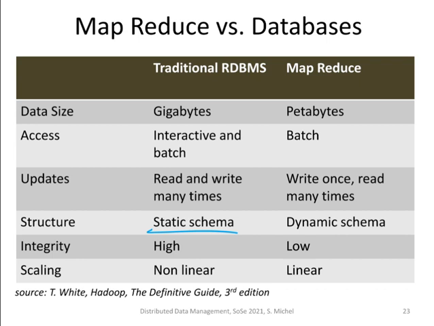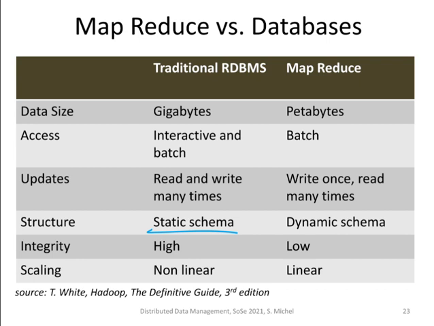The integrity of the data is high in the traditional database system and low for the MapReduce implementation, or what MapReduce aims for. Scaling, I mean, these are of course not extremely hard categories and answers here. It's always a spectrum, you have to interpret these. But these are the extreme interpretations, let's say.